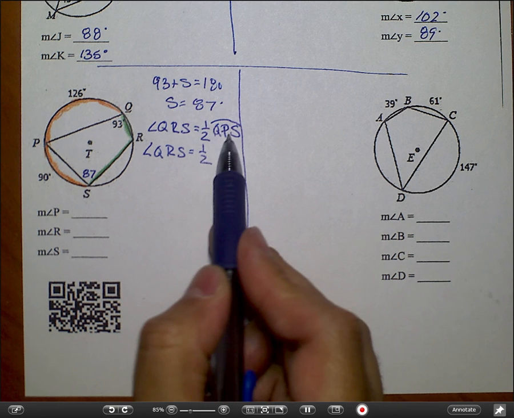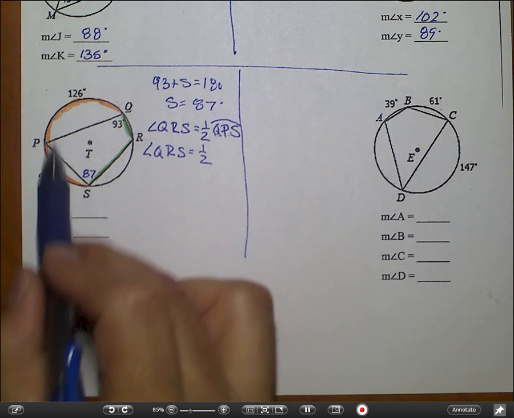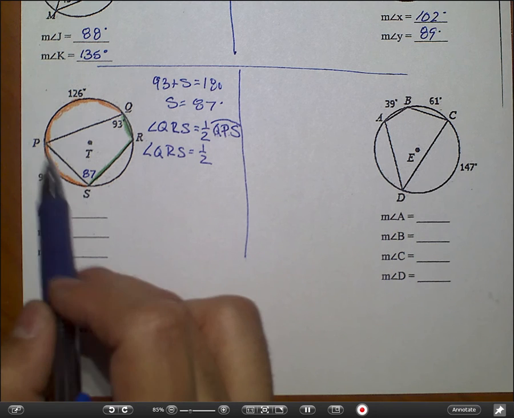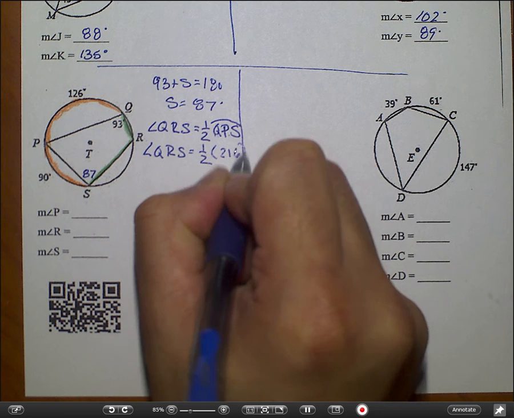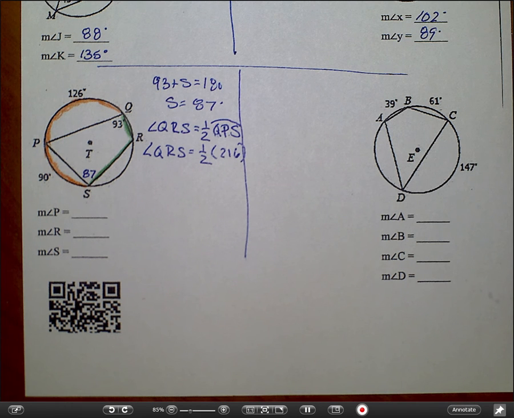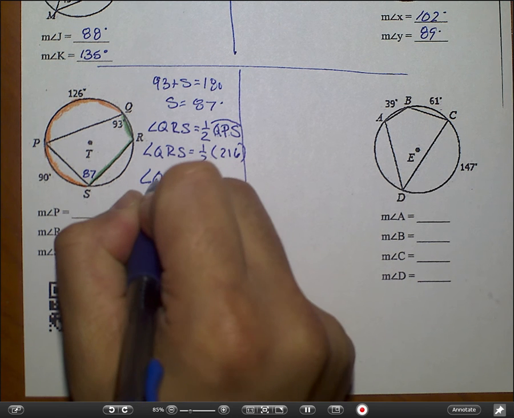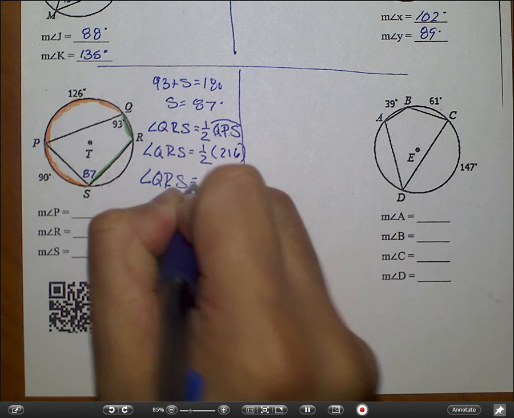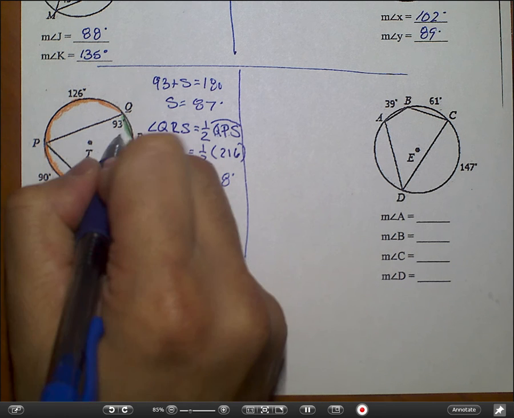Now, what is the arc of QPS? It's 216? Yes. So I put 216 right here. Do the math. Angle QRS is 108 degrees. So that's going to be right here at angle R.